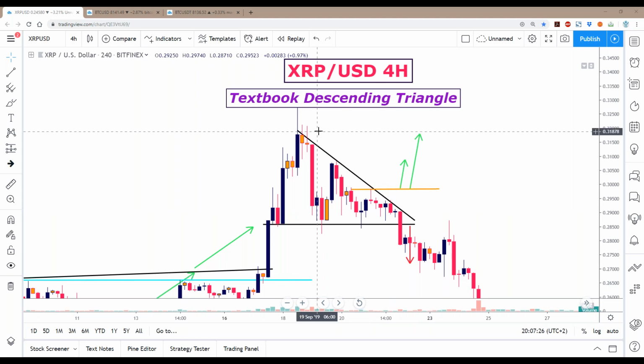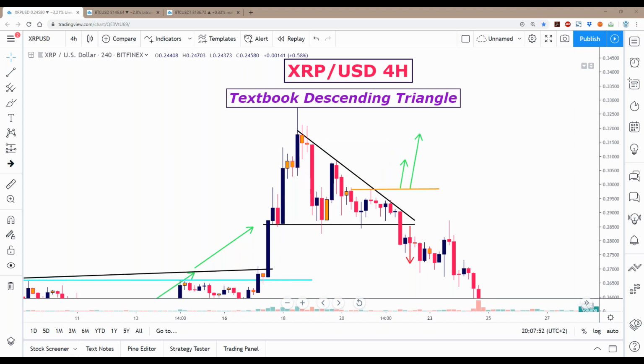A descending triangle usually forms in a downtrend. The reverse is an ascending triangle where the top line is horizontal and the bottom line is angular.